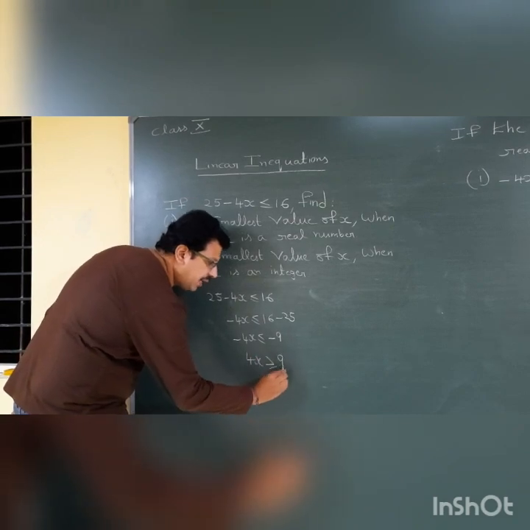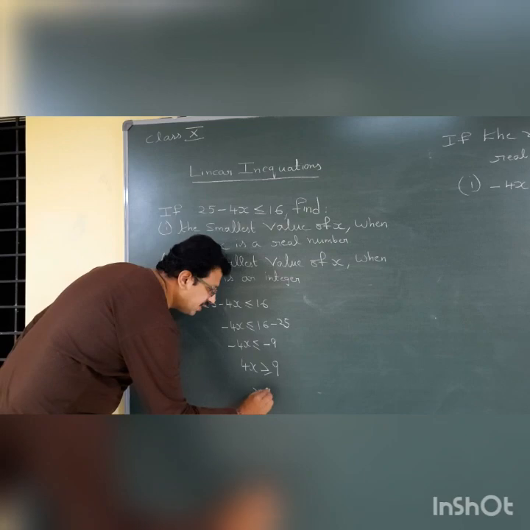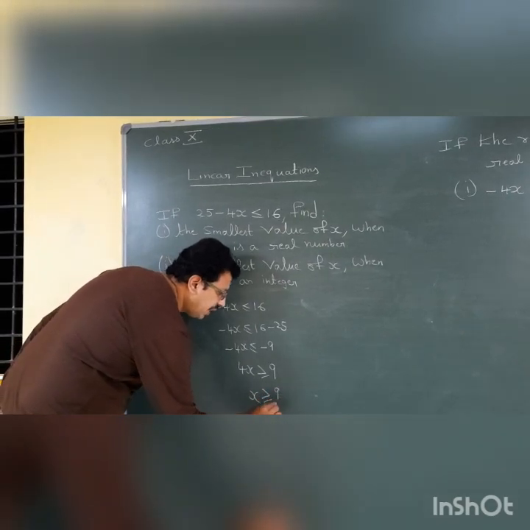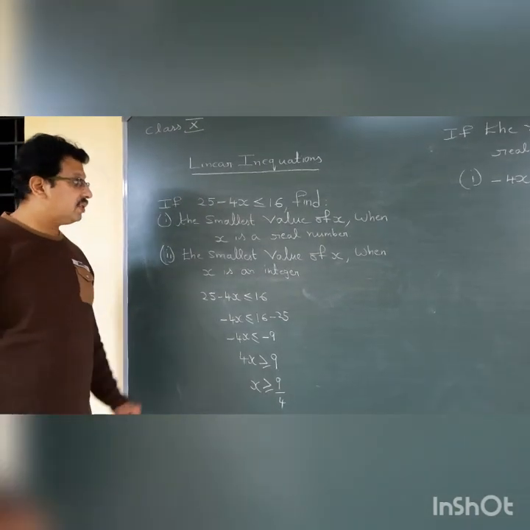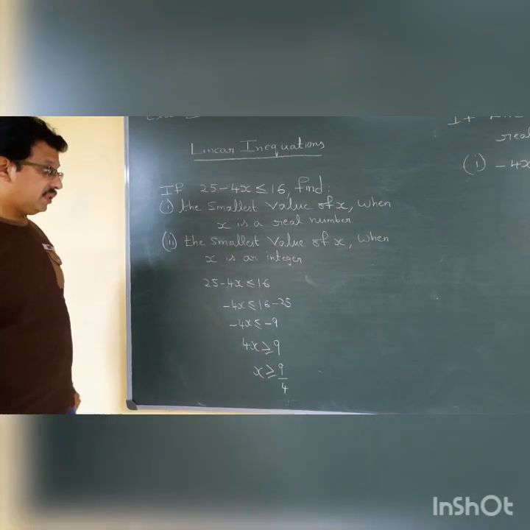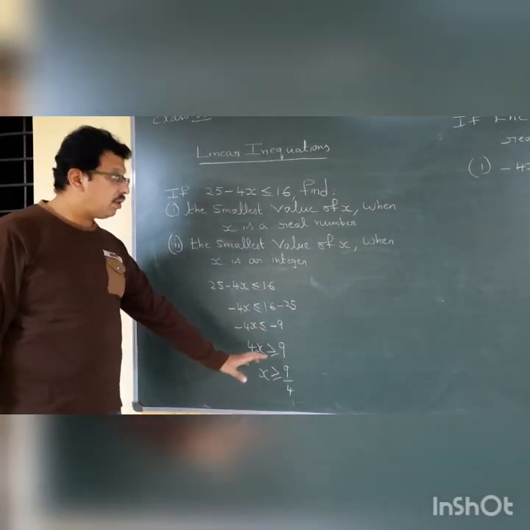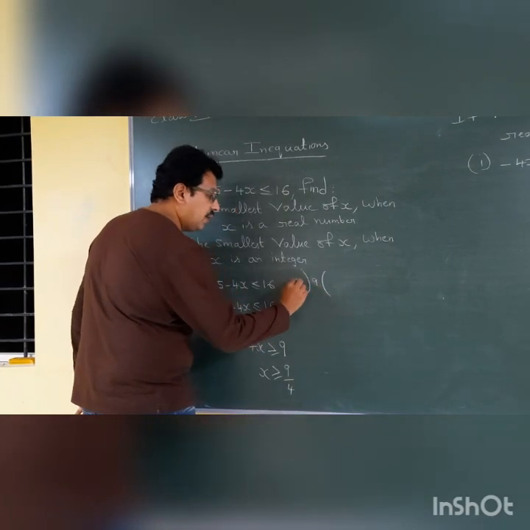or equal to 9. Or it can also be written as x is greater than or equal to 9 by 4. 9 by 4 is a very important thing you should understand. What is this 9 by 4? Children, if you are not clear about 9 by 4, better you divide in the working column like this.